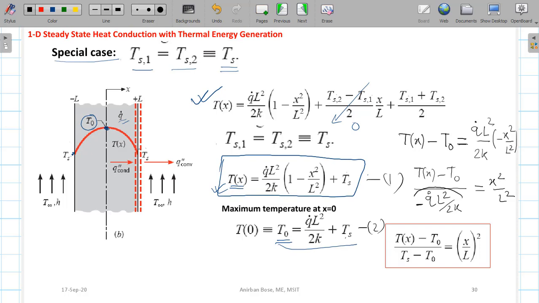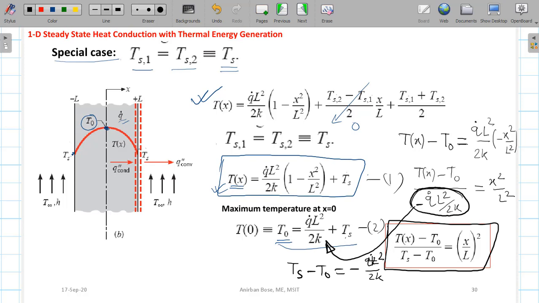And this quantity, if you see from equation 2, is nothing but Ts minus T0. Equation 2 gives that Ts minus T0 is nothing but minus q dot L square by 2k. So you just put this value as Ts minus T0 here, so you will get this final expression.